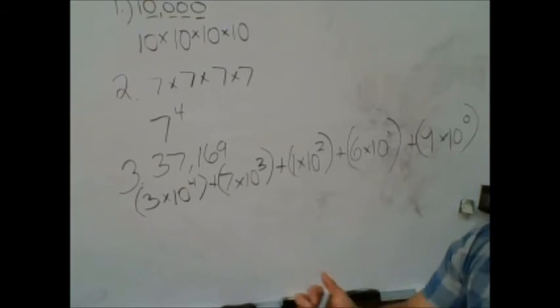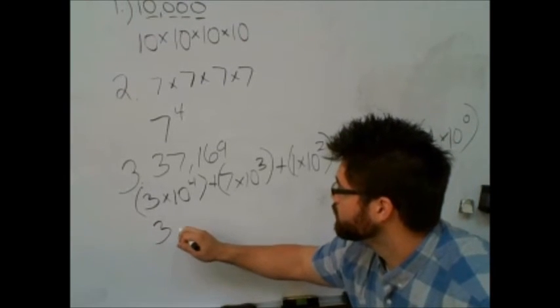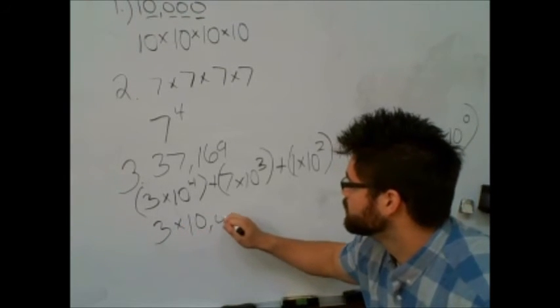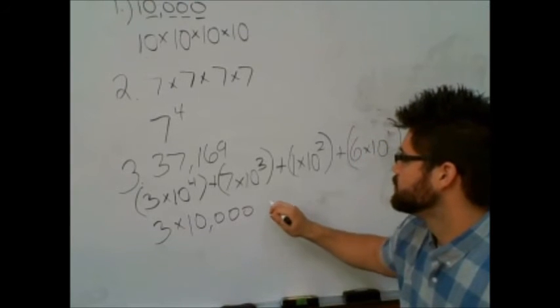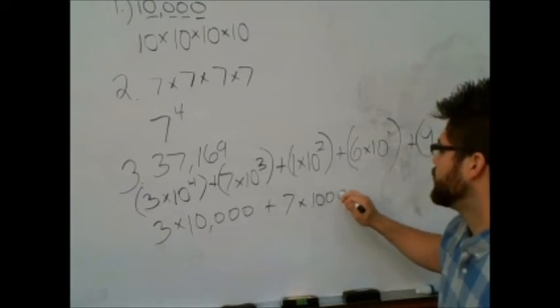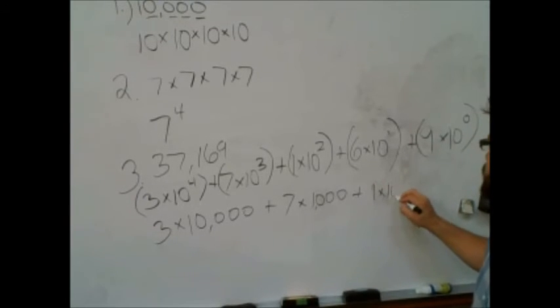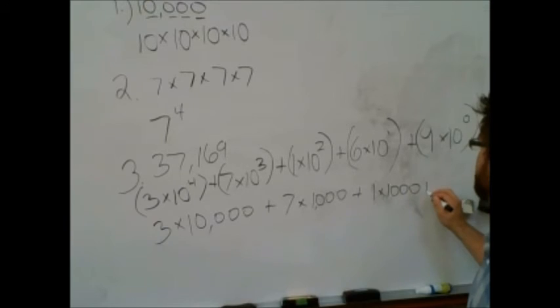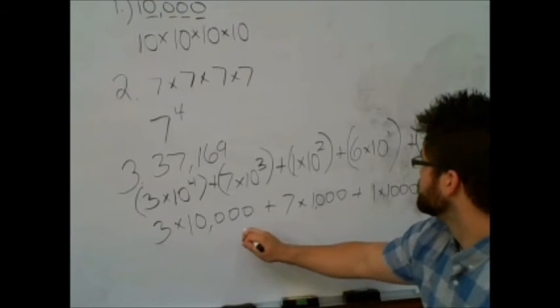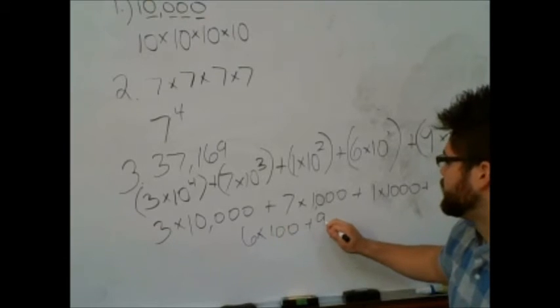And again, if it helps at all, I will show you that 3 times 10,000 plus 7 times 1,000 plus 1 times 100, plus 6 times 10, plus 9.